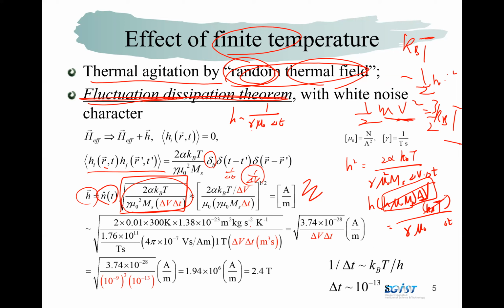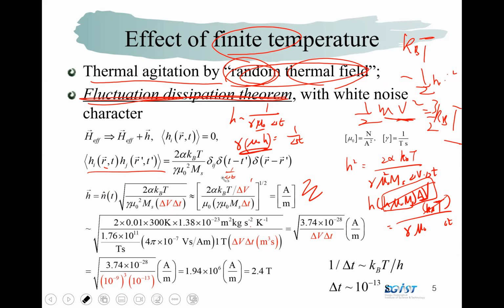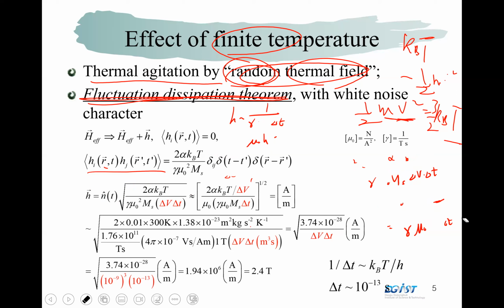And as you know, if you move mu0 h gamma to the left-hand side, this is the frequency unit, so this is 1 over T, right? So we just showed that this complicated expression has the unit of the field, ampere per meter.